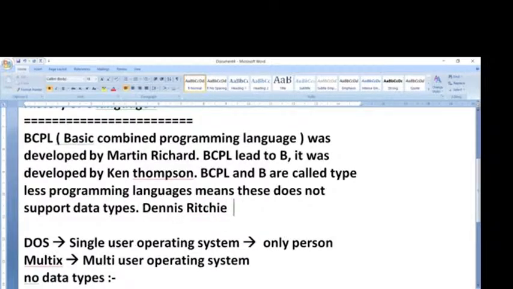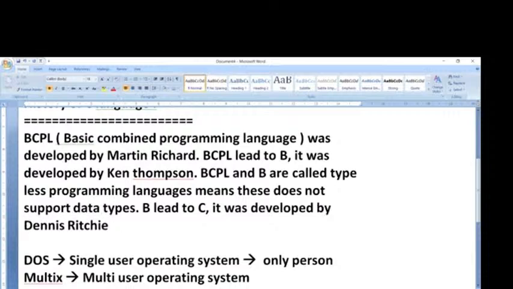He developed a new programming language, introduced data types, and named it after the second letter of BCPL, C. So from the B language, the C language was developed. Who is the developer of C?